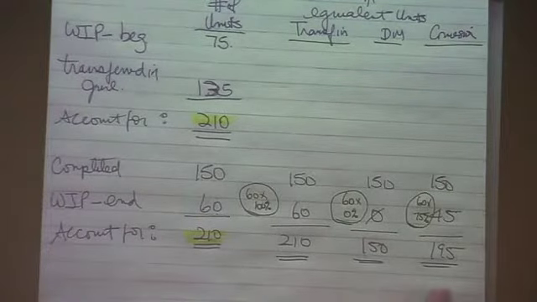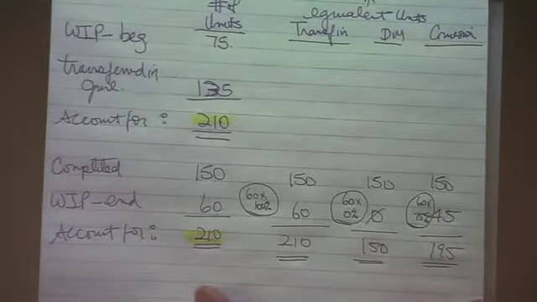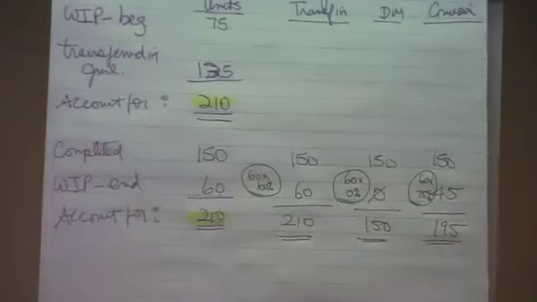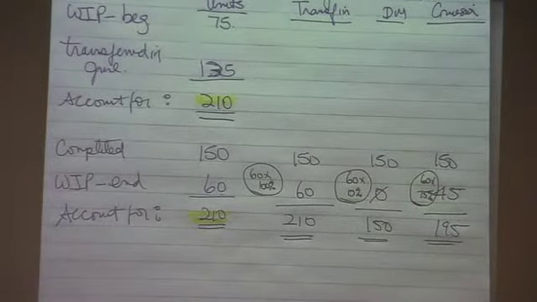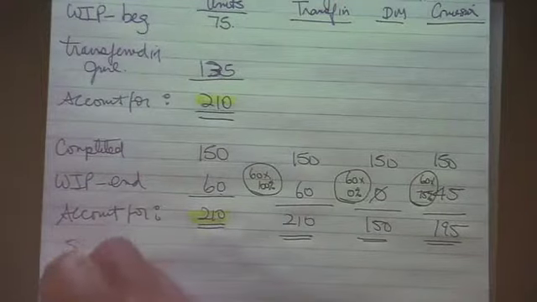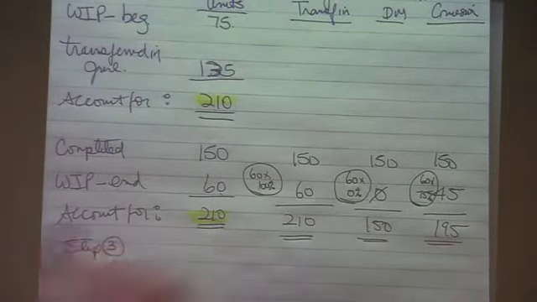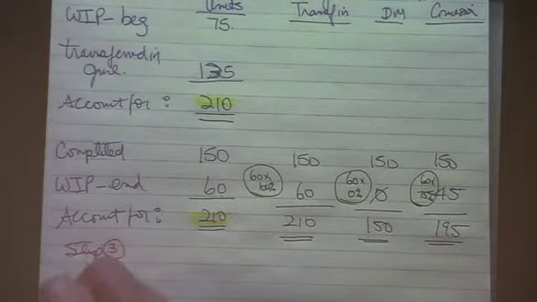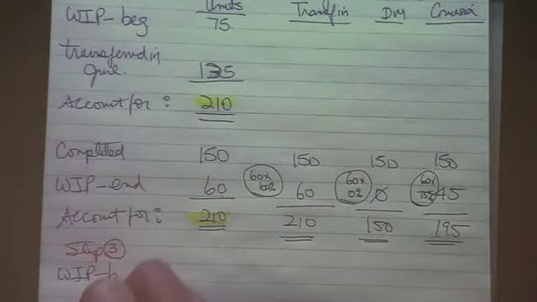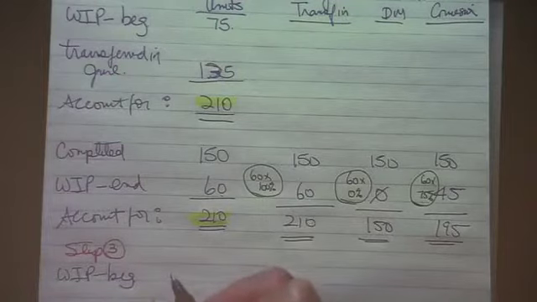So I'll try to use the same chart here. So step 3 is this step. What was the work in progress beginning in terms of dollar amount?